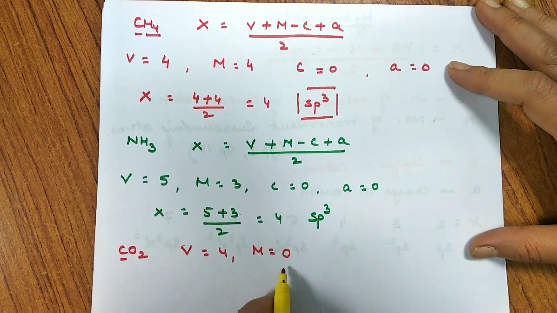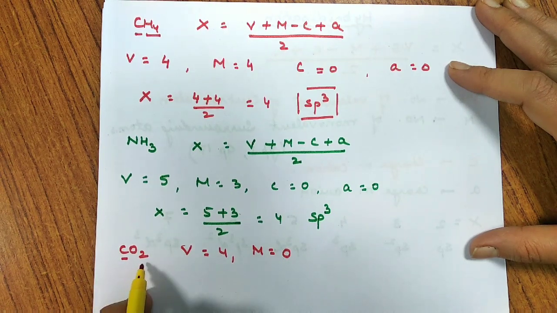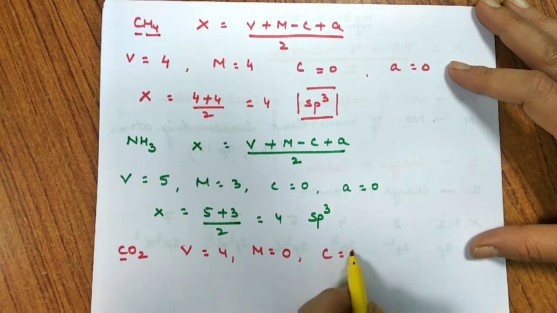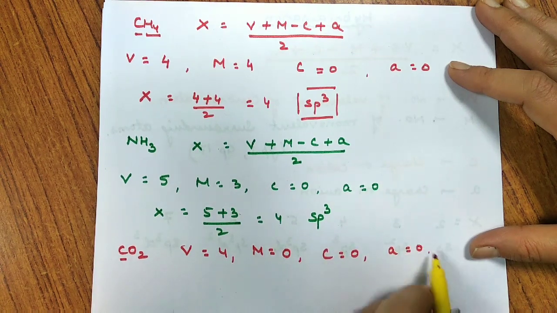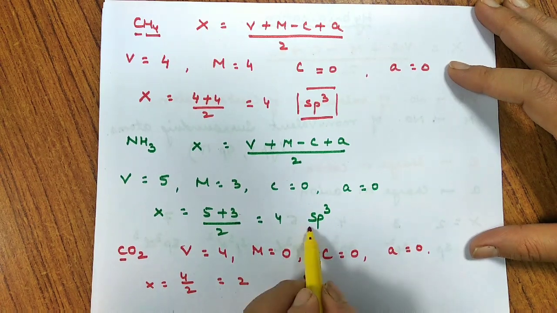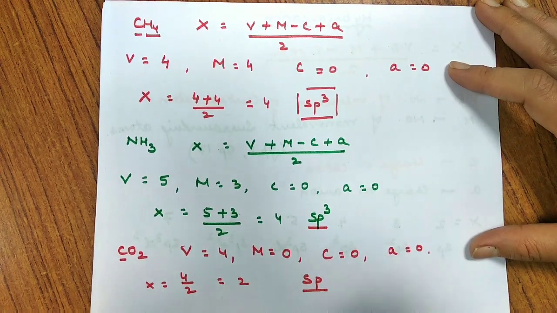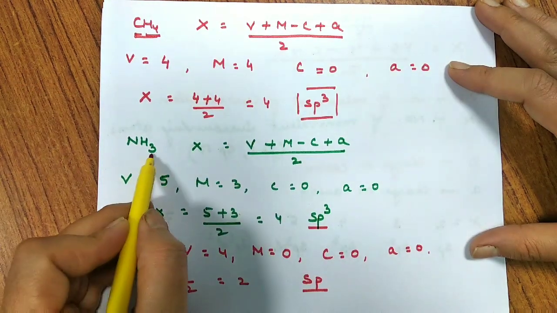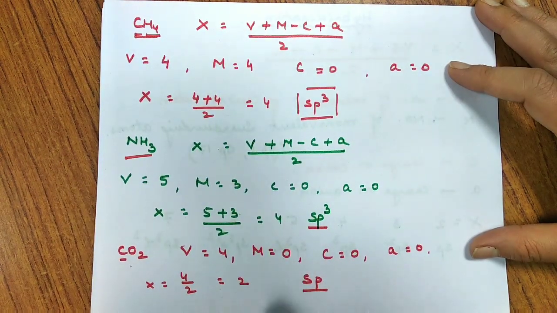Monovalent means one valency, and this oxygen is divalent. There is no charge, so C is 0, A is also 0, and thus it comes out to be 4/2, and that is 2. So the hybrid state would be sp. So for methane it is sp3, for ammonia it is sp3, for CO2 it is sp.